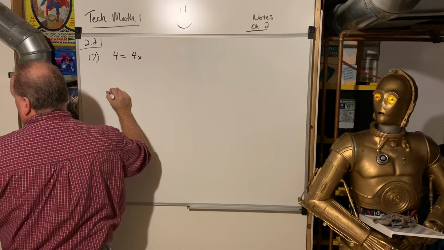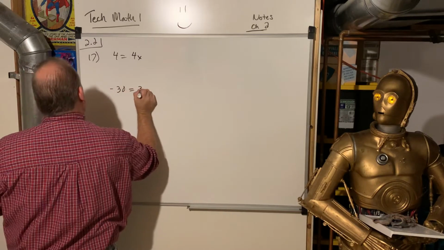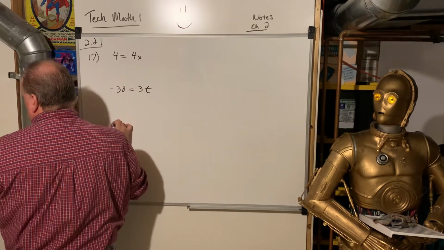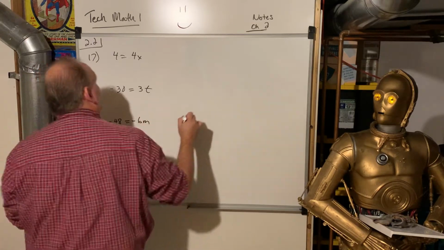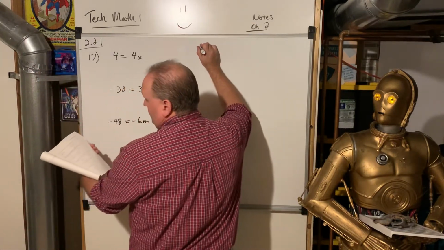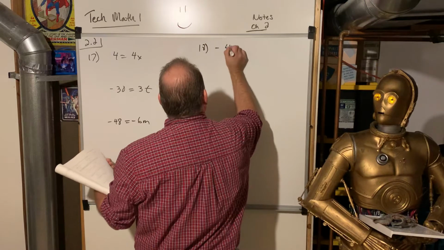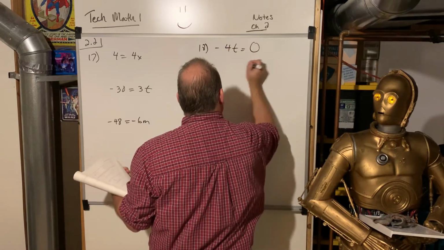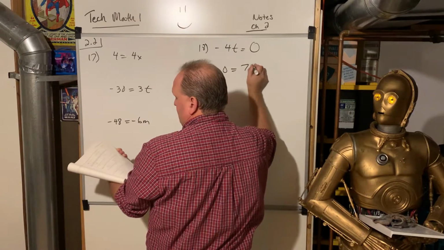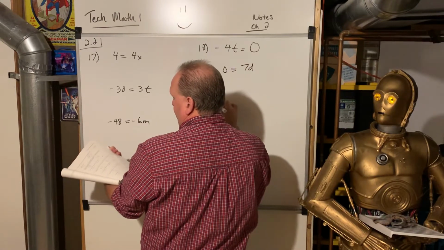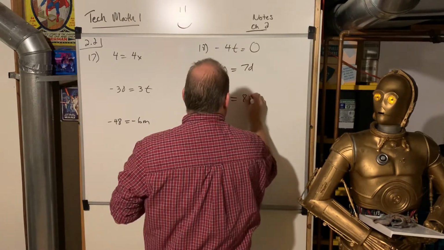We're looking at negative 30 is equal to 3t. We're looking at negative 48 is equal to negative 6m. And then I also want to look at 18, that is negative 4t equals 0, 0 is equal to 7d, and negative 8 is equal to 8r.